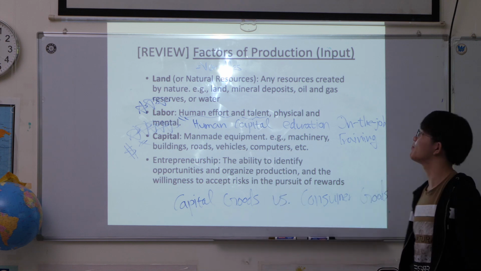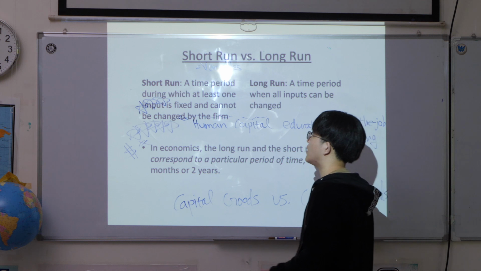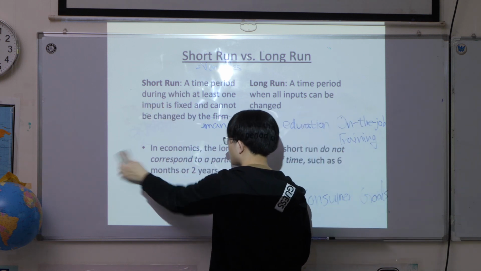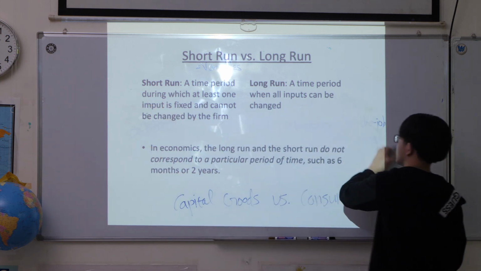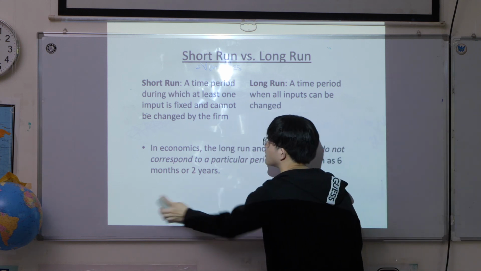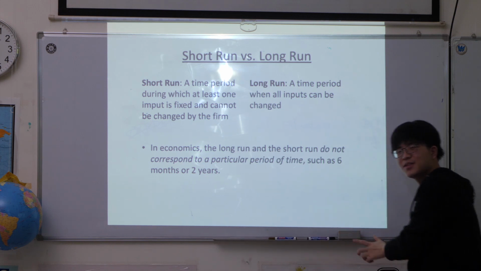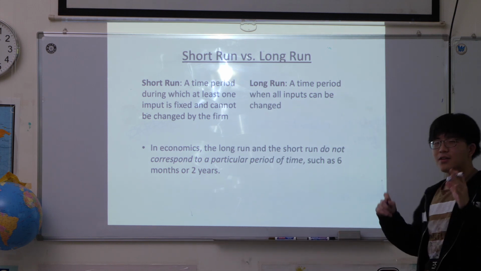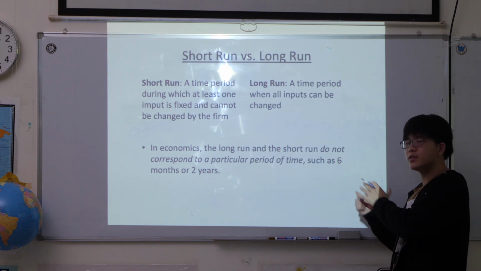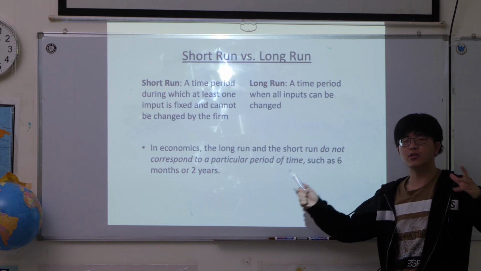So let's move on. Now we will start the first idea of the production and cost section, which is the difference between short run and long run. This is quite a tricky part, because if you think about the short run and the long run, what you have in your mind is something related to a period of time.